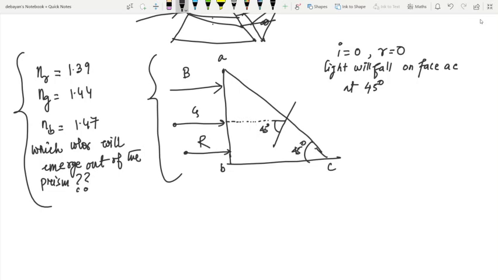So the face AC will not allow the emergence of light if the angle of incidence is greater than the critical angle.